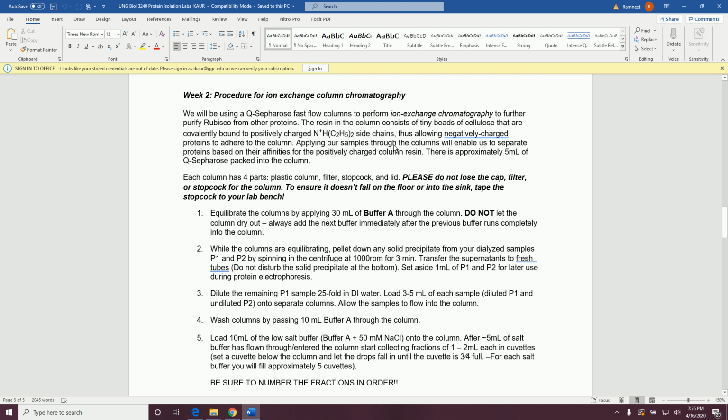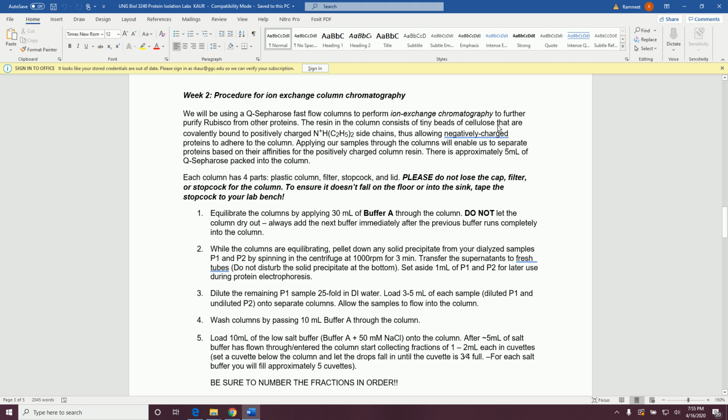So for the purification we use ion exchange chromatography, and we use the Sepharose Fast Flow columns to perform it. These columns have a resin made of tiny beads of cellulose which are bound with positively charged groups, and we pass the protein mixture over this column.